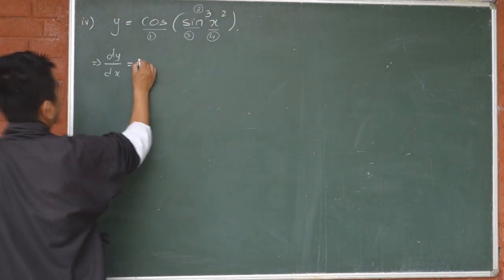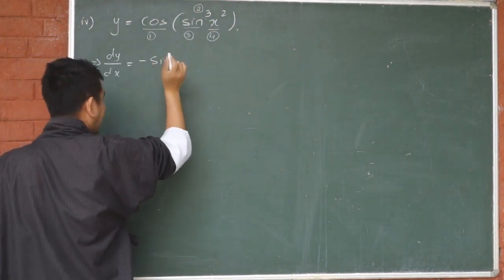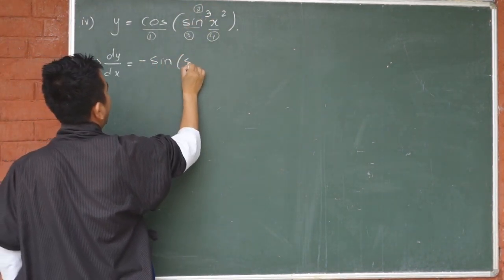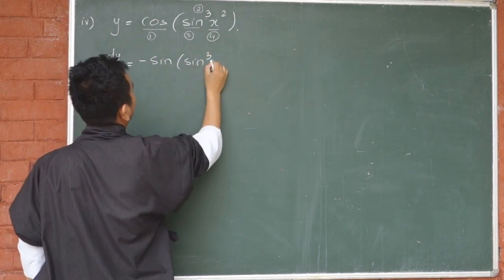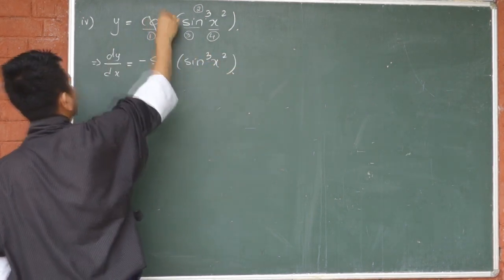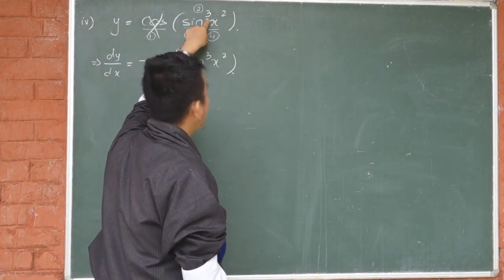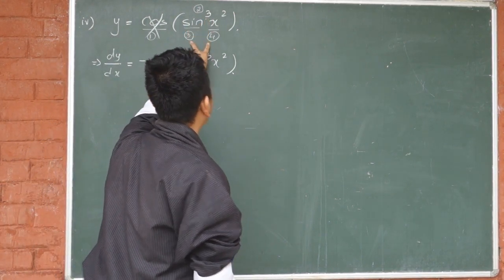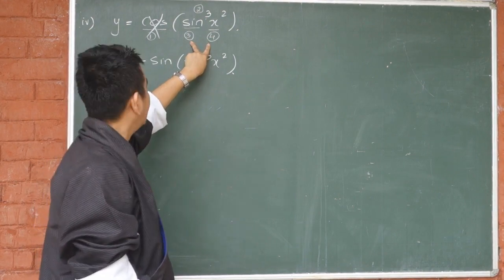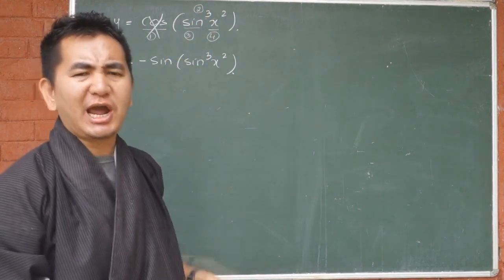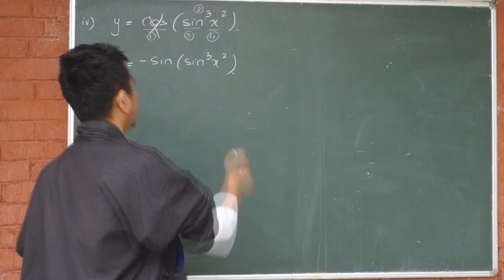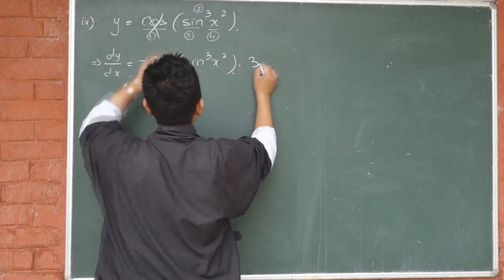So this becomes negative sine, but in place of x, substitute this. We have sine cube x square, which means this cos is done. Then go with the power. When you go for the power, as in this third and fourth as an x, this becomes x cube. What's the differentiation of x cube? 3x square, isn't it?